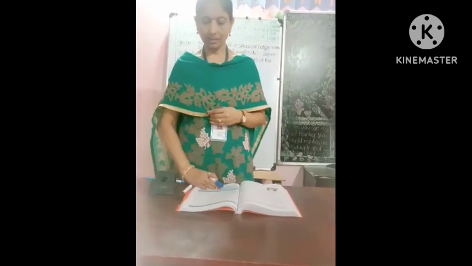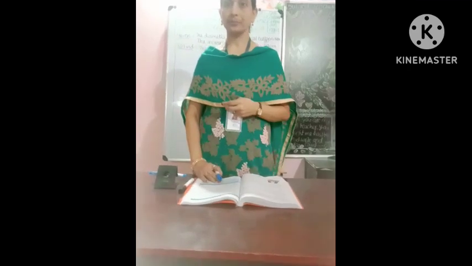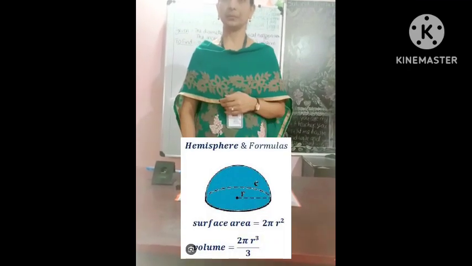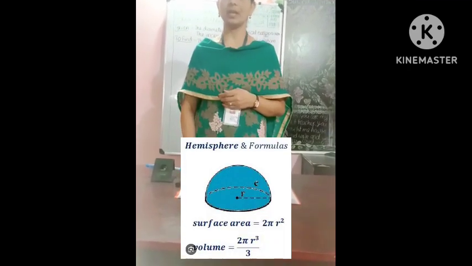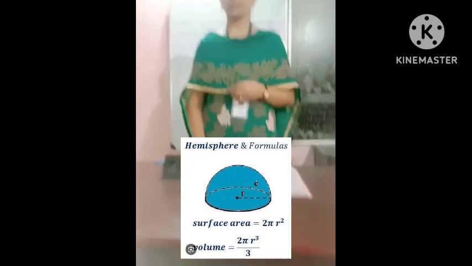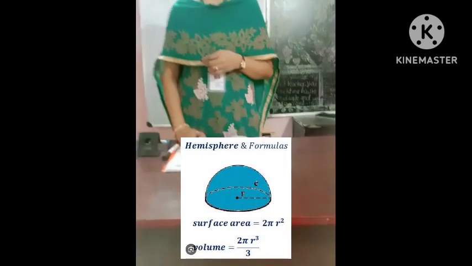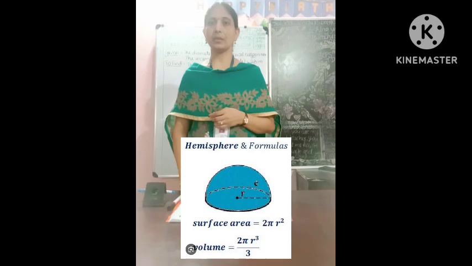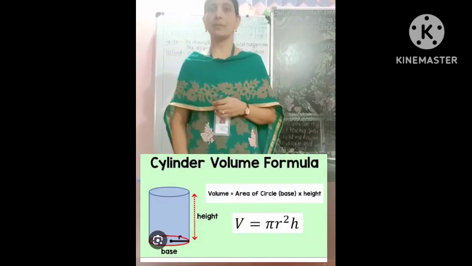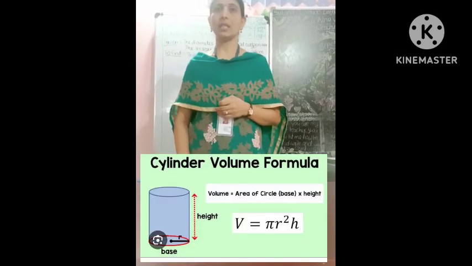Are you remembering all of the formulas? Shall I ask you some formulas? What's the formula for the volume of the hemisphere? 2 by 3 pi r cube. What is the formula for the volume of the cylinder?